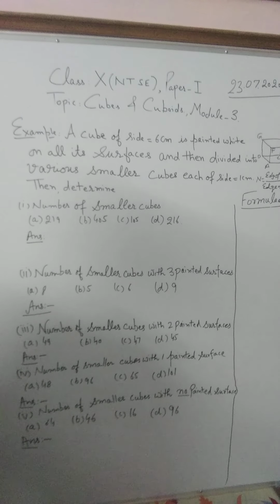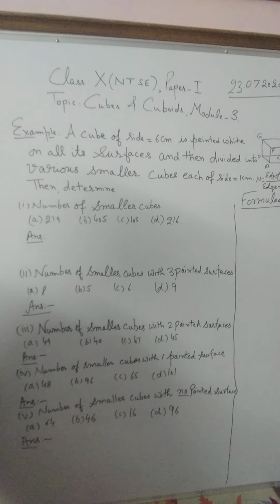Then determine the following 5 short MCQs. Number 1 is regarding what will be the number of divisions of the bigger cube. The edge of the bigger cube is 6 cm and the edge of the smaller cube is 1 cm.